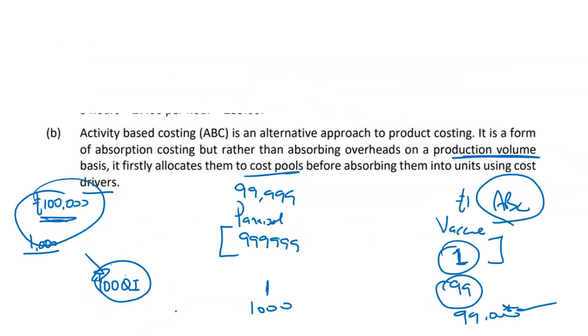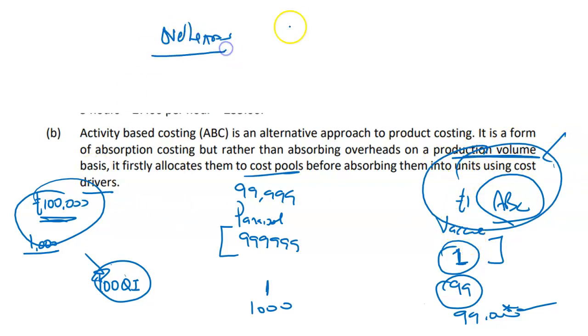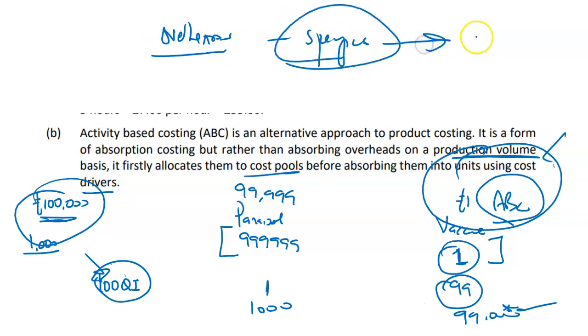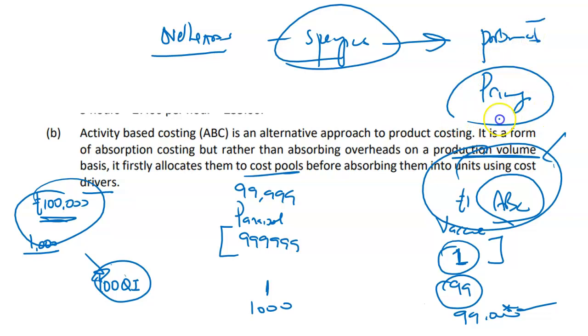But hopefully my explanation will help you understand that the more complex and specialized an operation is, with activity-based costing, the overheads themselves are not general, they're quite specific, and the more specific the overheads are, we should be able to link them to the product that's being made so that we can get the pricing right, because this is all about pricing. If you don't get the cost right, you're going to get the pricing wrong, right? Okay, great stuff. And that is that question.